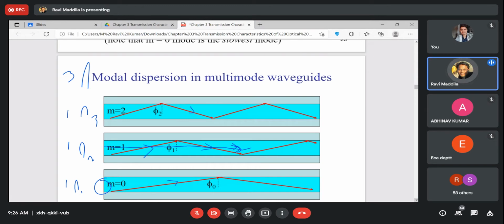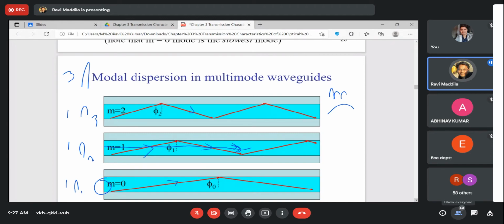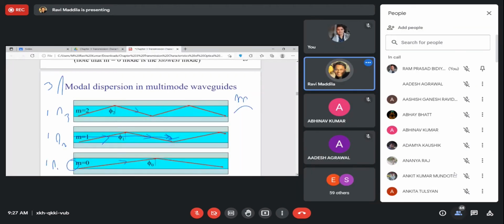Because of the path difference of these three modes, what we can assume is that the three pulses would arrive at different instants of time. Okay, so when these three pulses are arriving at different instants of time, then the overall net result of these three pulses added together would be something like this.